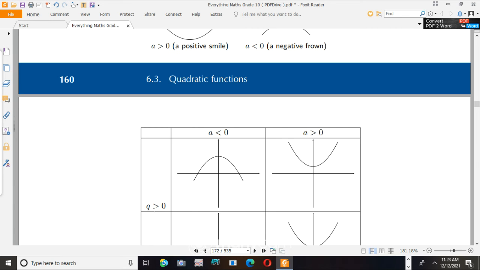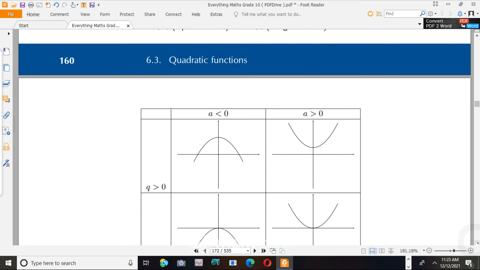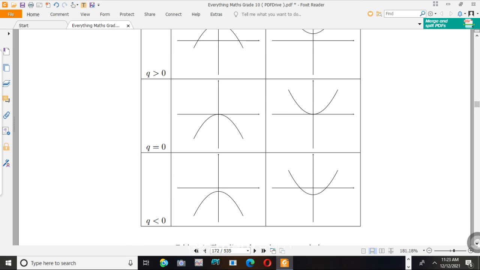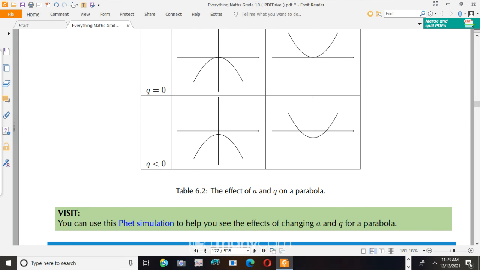For Q greater than 0, the turning point should be above the x-axis. For Q equal to 0, the turning point is on the xy intersection point, the (0, 0) coordinate. When Q is less than 0, the turning point is below the x-axis.